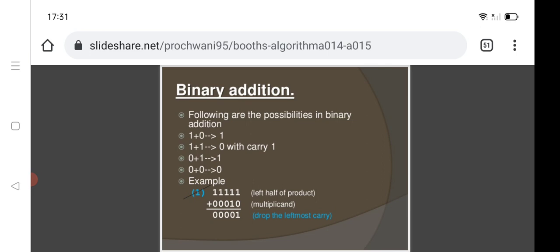When I do 1 plus 0, the value I will get is 1. If I do 1 plus 1, the value is 2. 2 in binary is represented as 1, 0, so the result will be 0 and the carry will be 1. If it is 0 plus 1, the result will be 1. If it is 0 plus 0, the result will be 0.